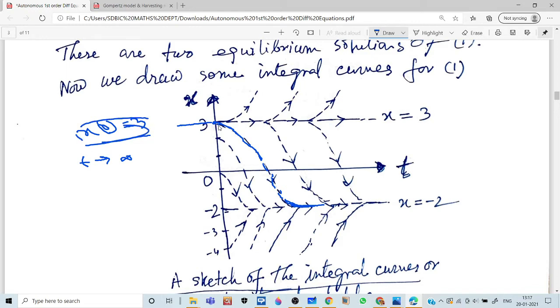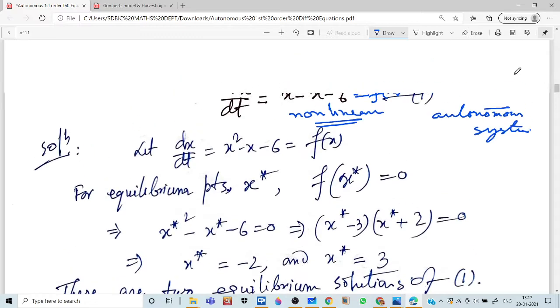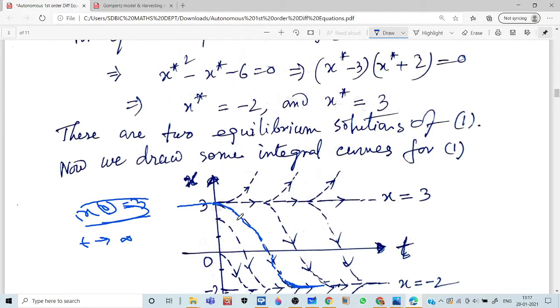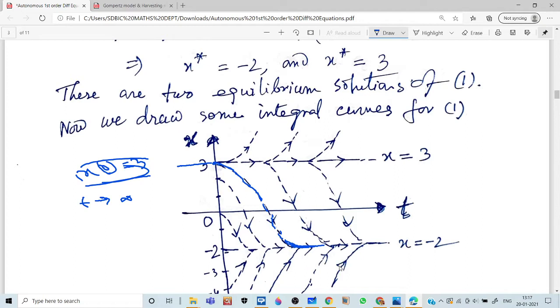So you can easily determine from the given differential equation that with the initial condition x equal to 3, the solution curve is this. If you take another initial condition, you get another solution curve, and this xt space is totally filled by solution curves.